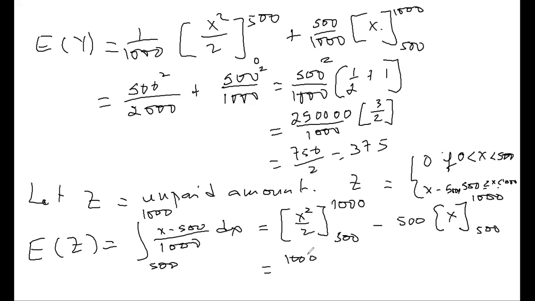Which is 1000 squared over 2 minus 500 squared over 2, minus 500 squared.